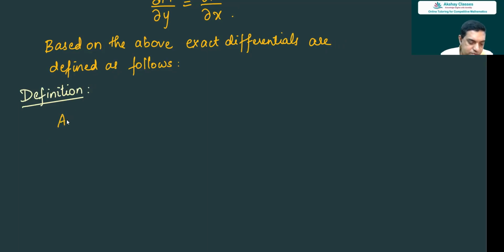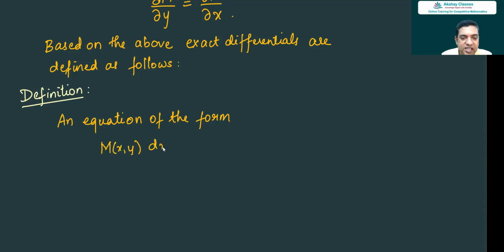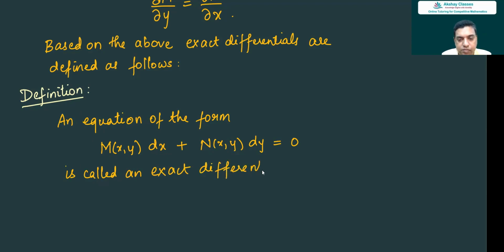An equation of the form m, a function of x y, dx plus n, which is a function of x y, dy equal to 0, is called an exact differential if and only if, and iff means it is a double implication, forward implication and backward implication.